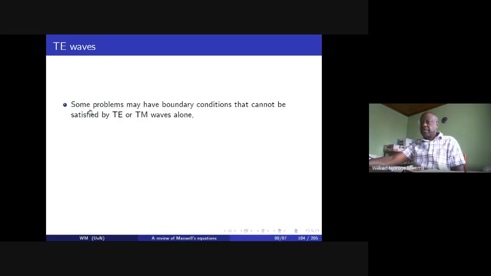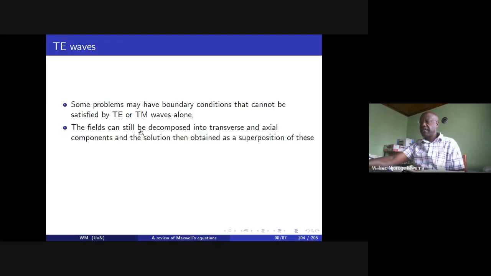So when the problems cannot be satisfied by TE or TM waves alone, then we must have the mixed ones, but we can always decompose the problems into transverse electric and transverse magnetic and solve them, then use superposition to get the general solution.